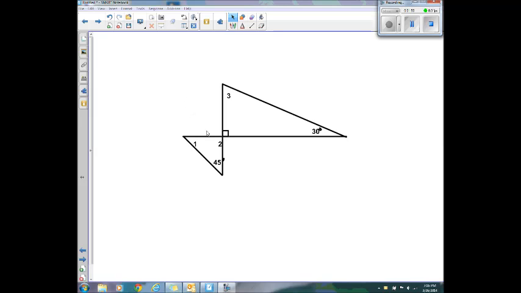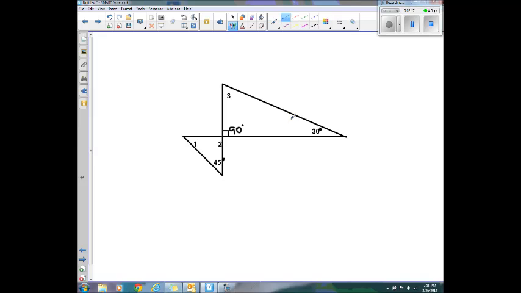If we're given something like this, where we know some of the angles but we don't know all of them, 1, 2, and 3 maybe are what we're after, we can use our ideas from the first section and what we know about the sum of the angles being 180 degrees. If I know that this angle, for example, is a right angle, that means that angle is equal to 90 degrees.